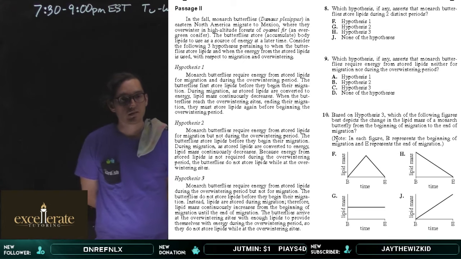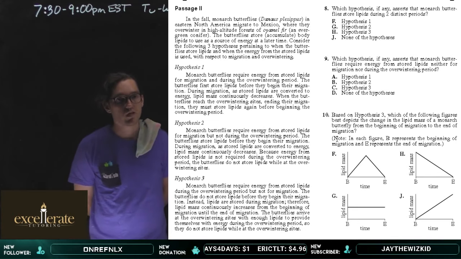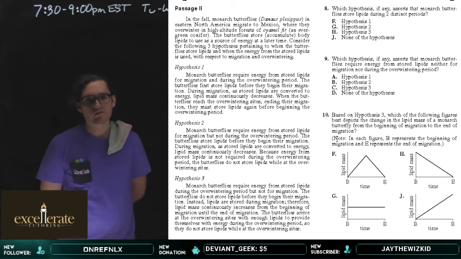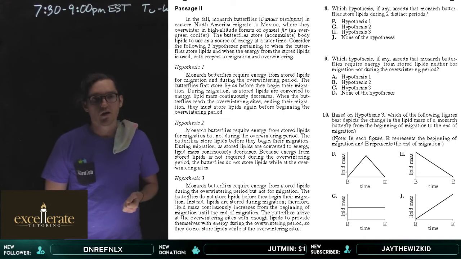Number 10: based on hypothesis 3, which of the following figures best depicts the change in the lipid mass of a monarch butterfly from the beginning of migration to the end of migration? Note in each figure, B represents the beginning of migration and E represents the end. Hypothesis 3 says they need energy from stored lipids during the overwintering period, but not for migration.